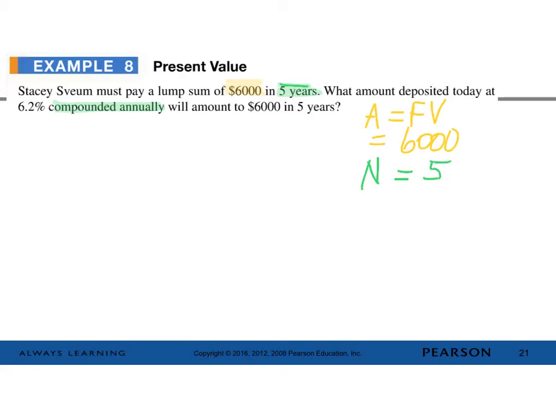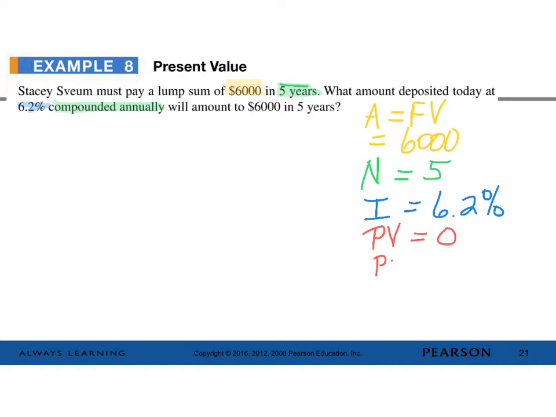And your interest rate is 6.2%. And once again, what we're looking for is the present value, which we're going to set to be 0.